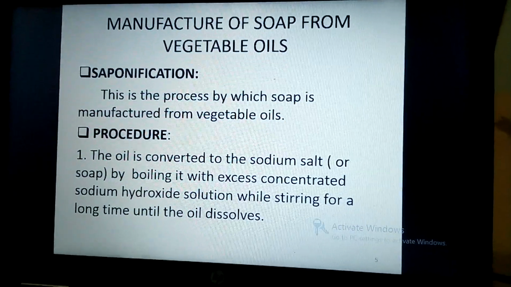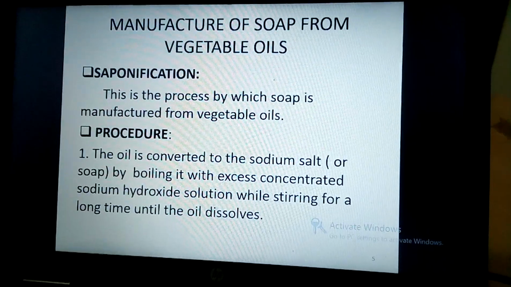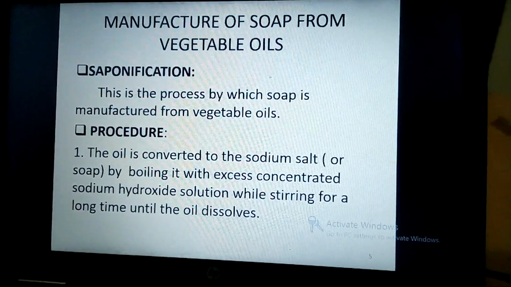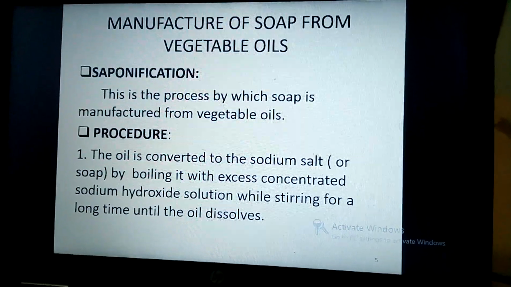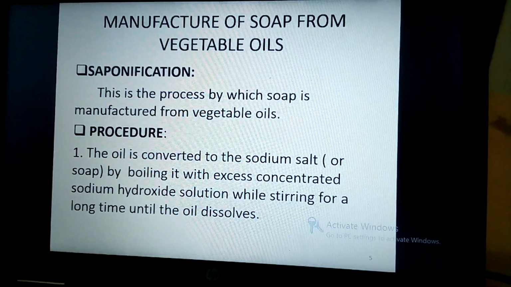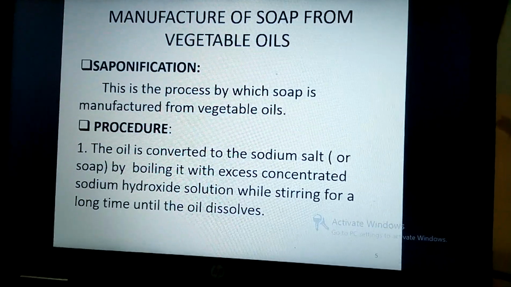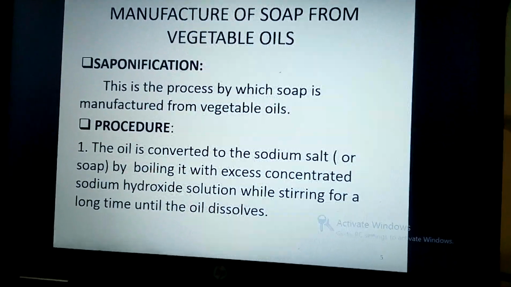The first one is the oil is converted to the sodium salt or soap by boiling it with excess concentrated sodium hydroxide solution with stirring for a long time until the oil dissolves.